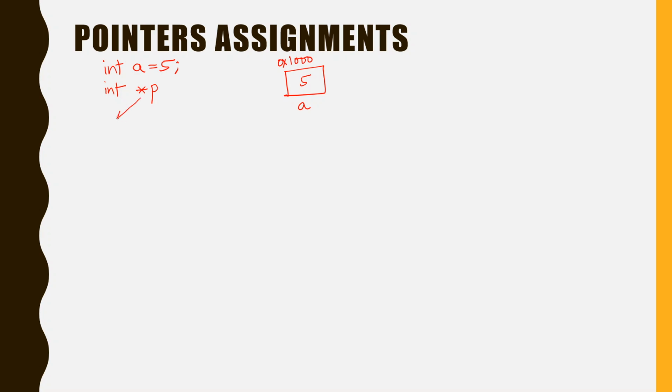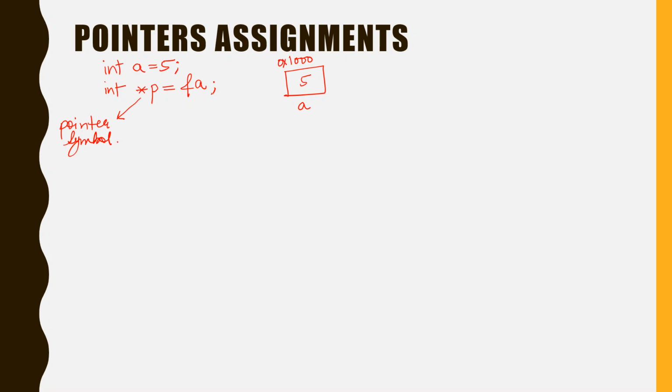This asterisk is termed the pointer symbol. We read it as integer pointer p. And if you want to initialize it also, you can write int *p = &a.